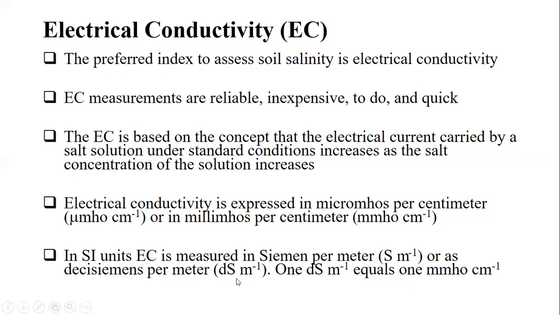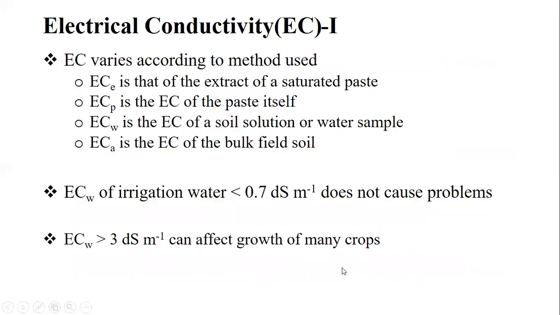And they chose this because it is equal to the same old one that scientists used to use. One Siemens per meter equals 1 millimho per centimeter. So millimho per centimeter and Siemens per meter are the same in number.